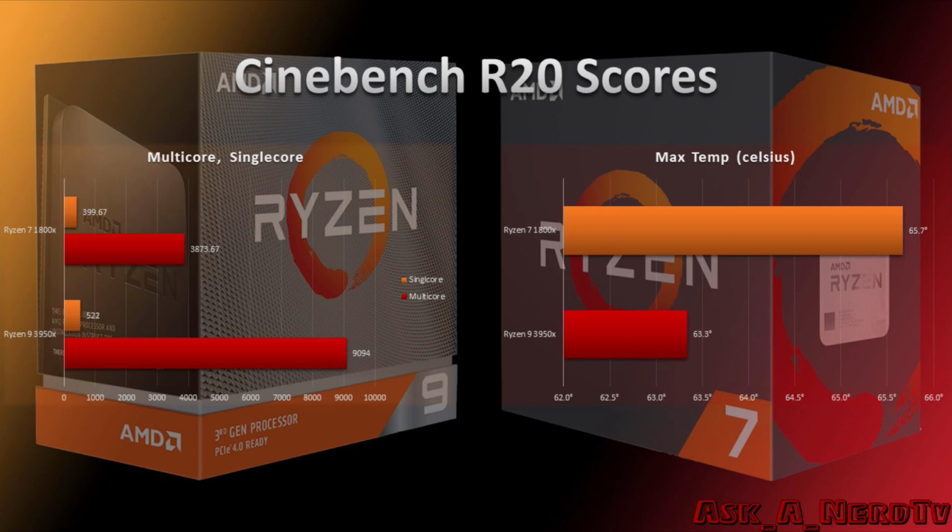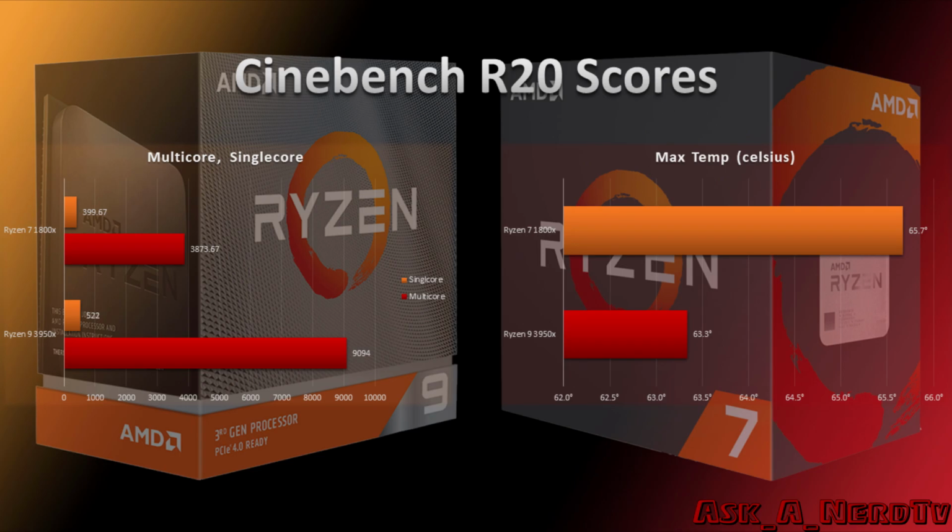Next up, we have Cinebench R20, where the Ryzen 7 1800X scored 399 points on single core and 3,873 points on multi-core, while the Ryzen 9 3950X scored 522 points on single core and 9,094 points on multi-core. Man, AMD has really improved these CPUs in the last 3 years.